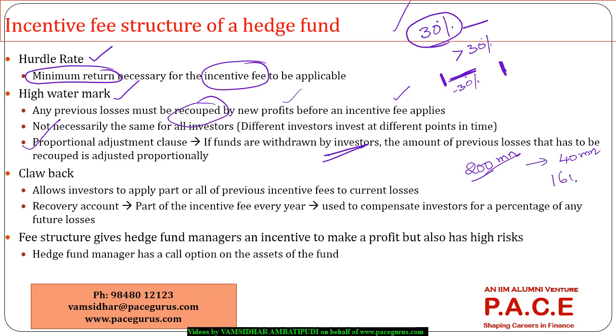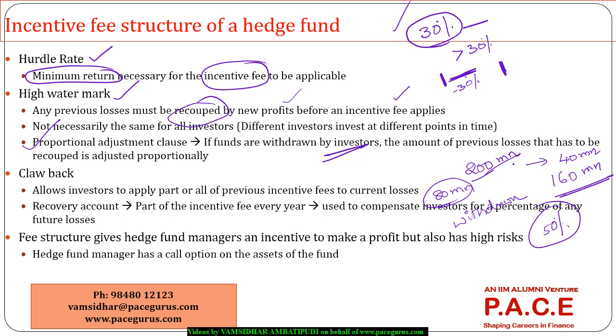So the fund value has become 160 million. Now let's say suddenly 80 million of the capital is withdrawn from the fund, right? The investors have withdrawn 80 million capital after 1 year, which means almost 50% of the capital is withdrawn.